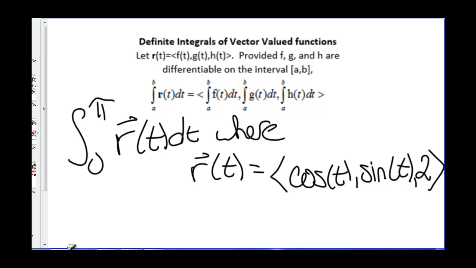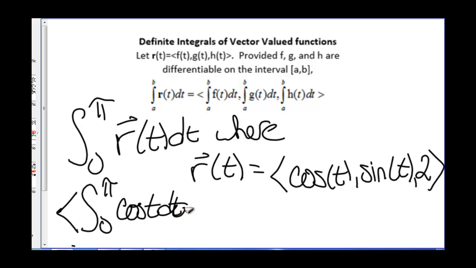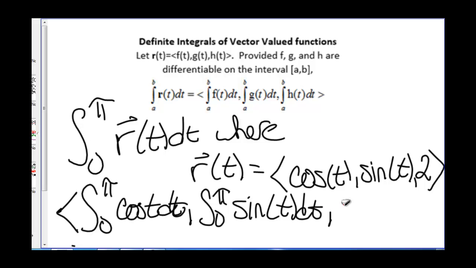So we're doing the integral component-wise, 0 to pi: the integral from 0 to pi of cosine t dt, the integral from 0 to pi of sine of t dt, and the integral from 0 to pi of 2 dt.